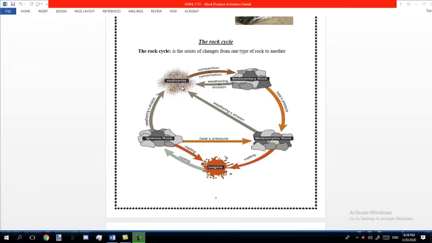So let's now start with the igneous rocks. Look at the arrow on the screen. We start from the igneous rocks. When this igneous rock is broken by weathering and erosion, its small parts will be sediments, and after these sediments are compacted and cemented together, they will form the sedimentary rocks.